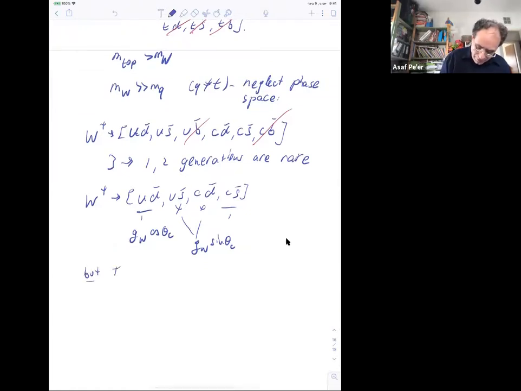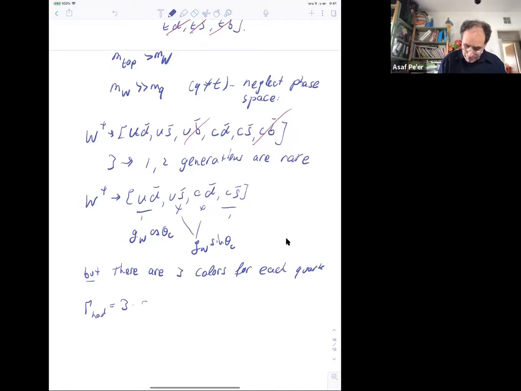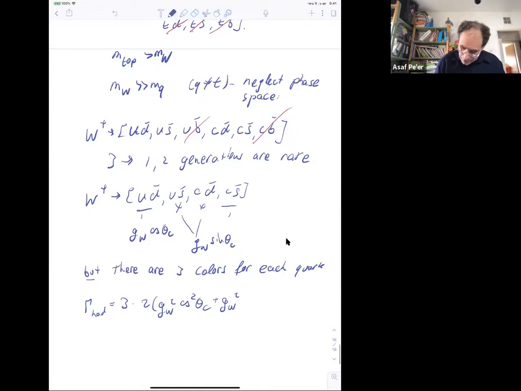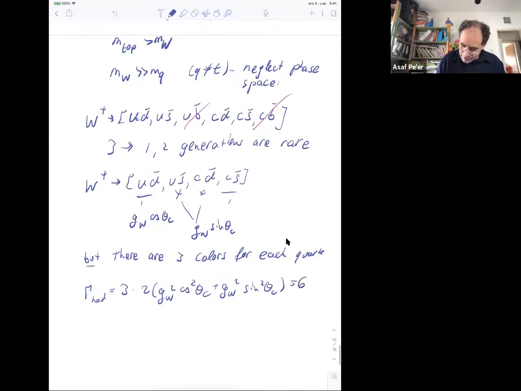So overall, gamma hadronic is 3 times 2 of G weak squared cosine squared theta Cabibbo plus G weak squared sine squared theta Cabibbo, which is 6 times G weak squared.